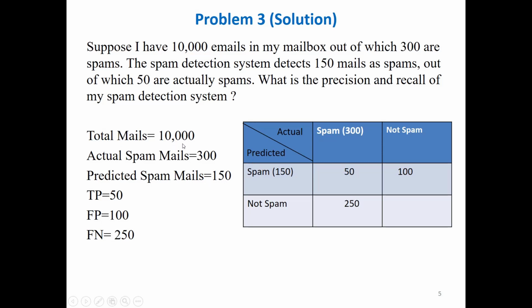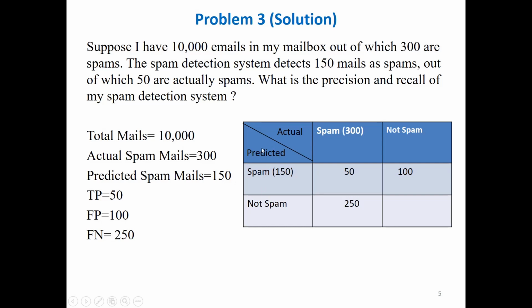Total mails in the mailbox are 10,000, and out of which 300 are actually spam. So we will write the 300 value here in this blue colored highlighted row in front of spam, because actual spam are 300. Now out of this actual spam mail, the spam detection system predicts only 150 as spam.